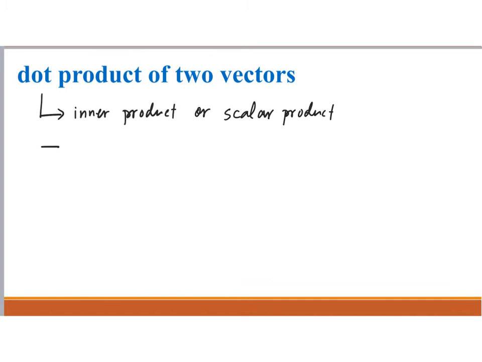And we have a formula for this. Suppose that the two vectors you are getting the dot product of.